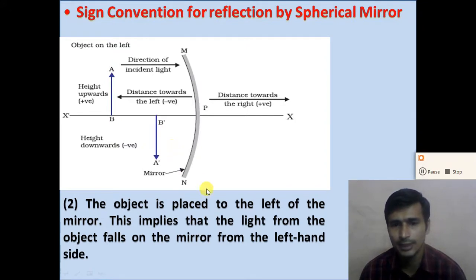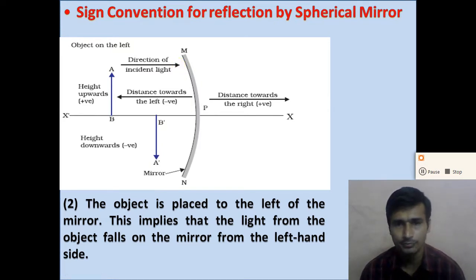What is the second point? The object is placed to the left of the mirror. This implies that the light from the object falls on the mirror from the left hand side. So light is incident on the mirror on the left hand side, and the direction of the incident light is from left to right.